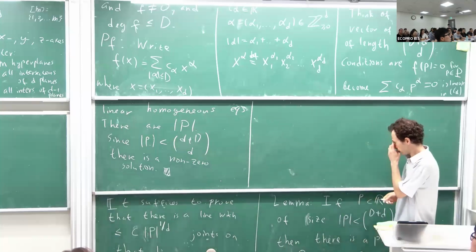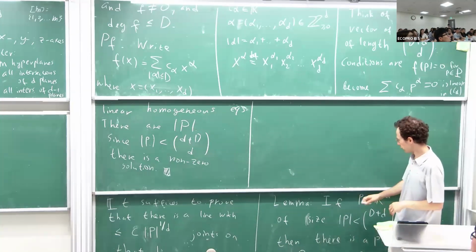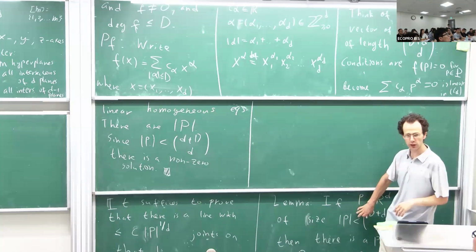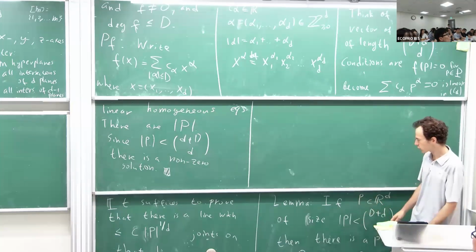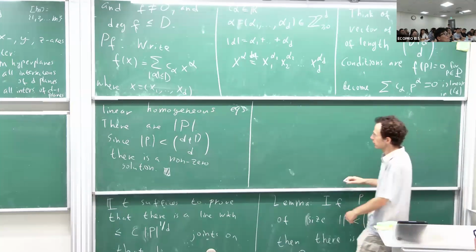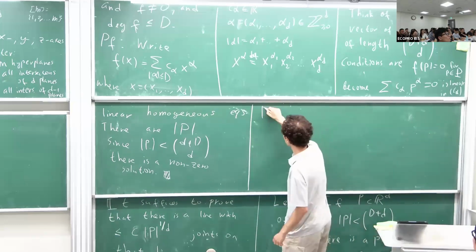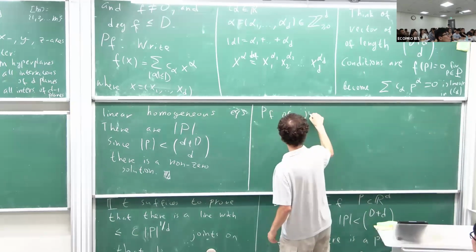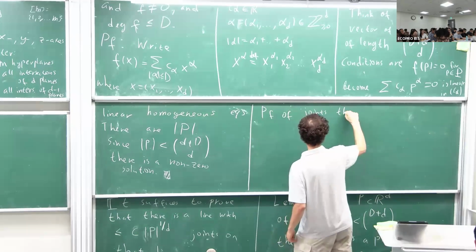All right. Good. So we found a polynomial vanishing. We can now find a polynomial vanishing at all points of the proof of the joints theorem.